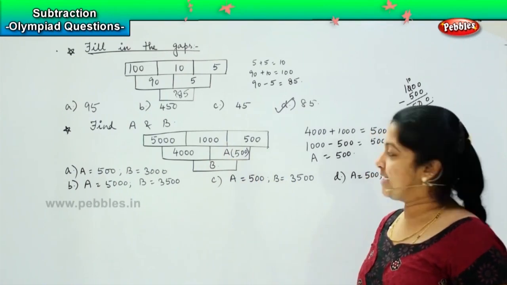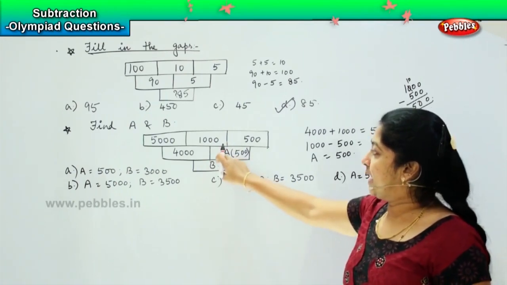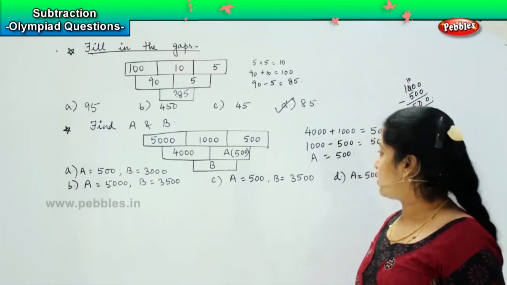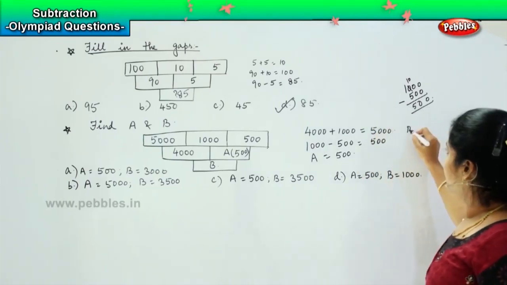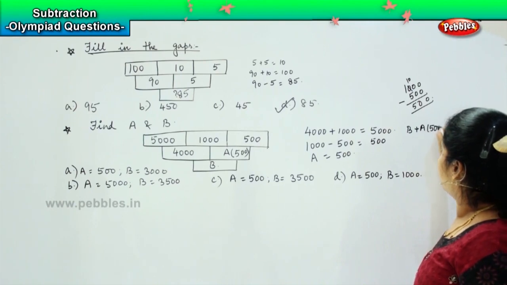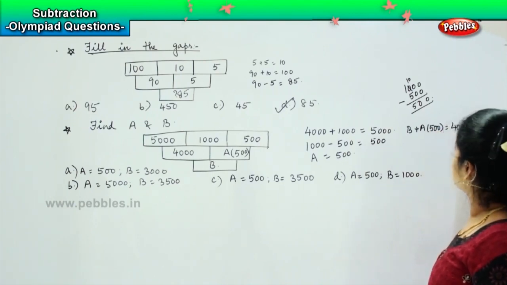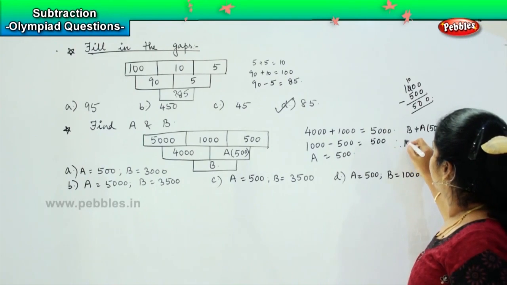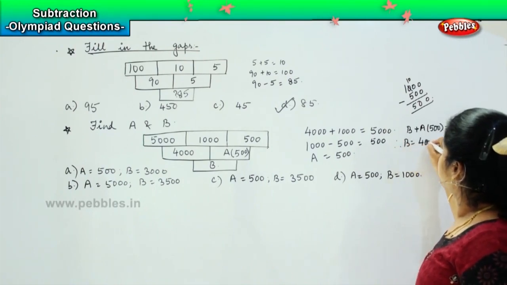The same logic applies here. If I add B with A, I get the answer 4000. So now B plus A, which is 500, is equals to 4000. So therefore the value of B will be 4000 minus 500.